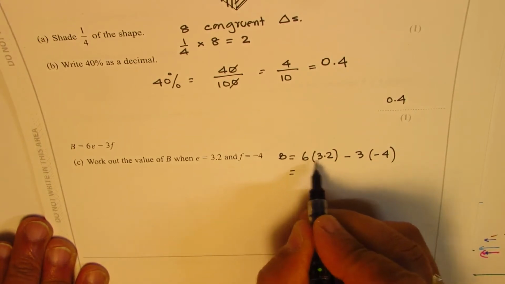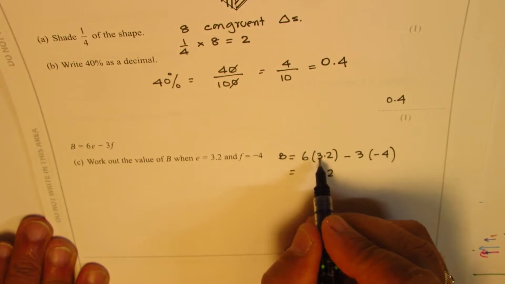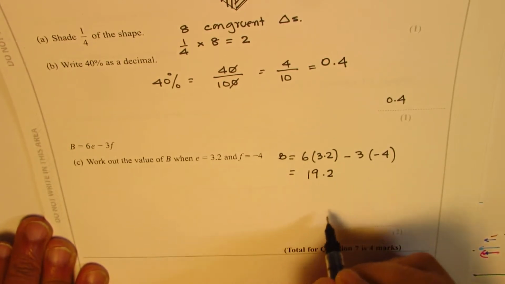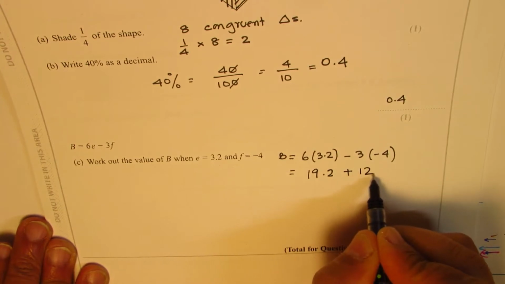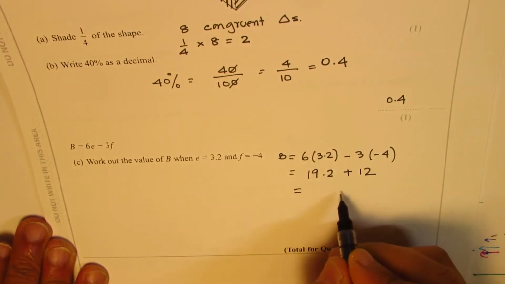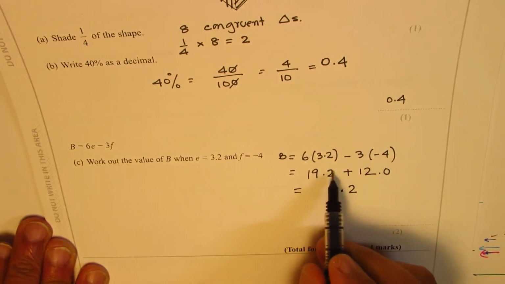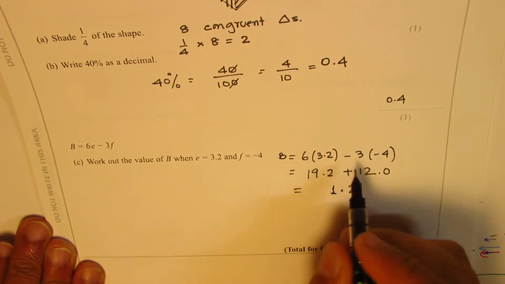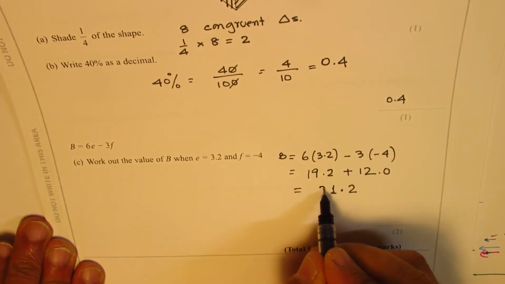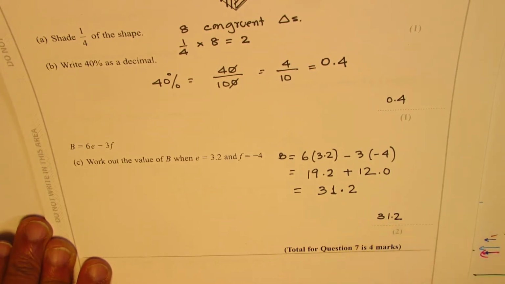Now 6 times 3.2 is 19.2. Minus and minus becomes plus 12, right? So we get 31.2 as our answer, right?